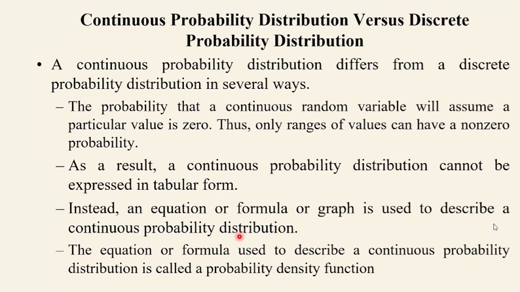Usually, if we are using the formula, then for a continuous variable, the formula is generally called the probability density function. This kind of information is very important for your MCQ exams, right? The wording and terminologies we are using are very important for the MCQ questions, right?